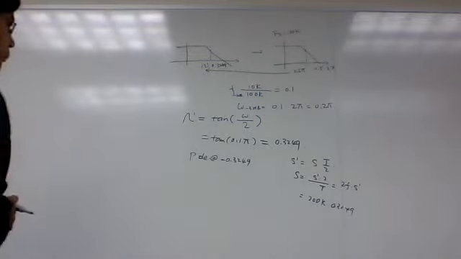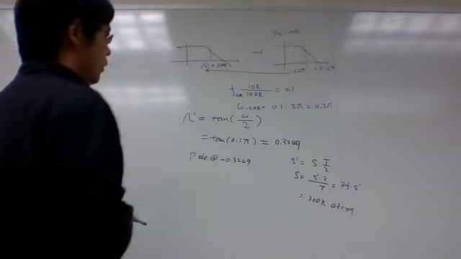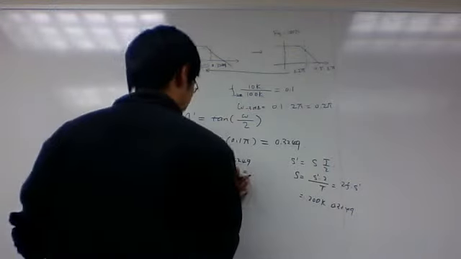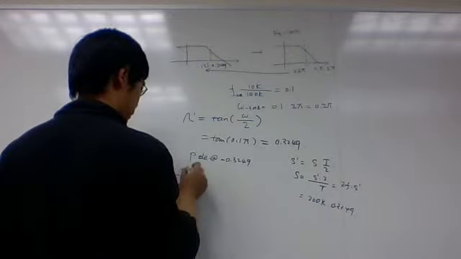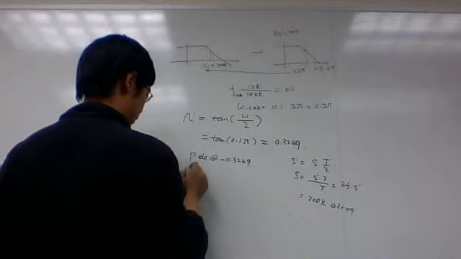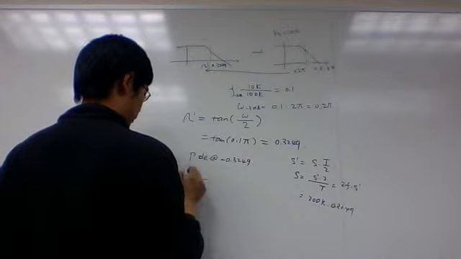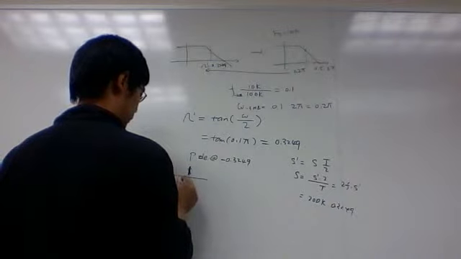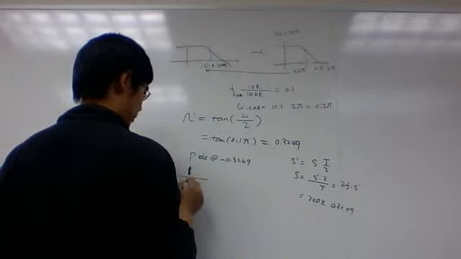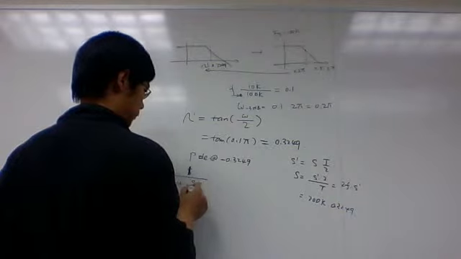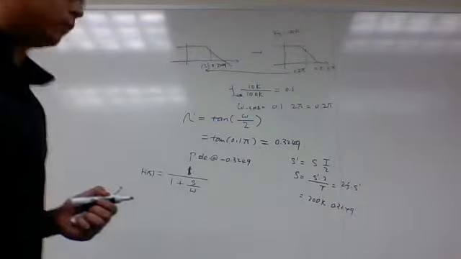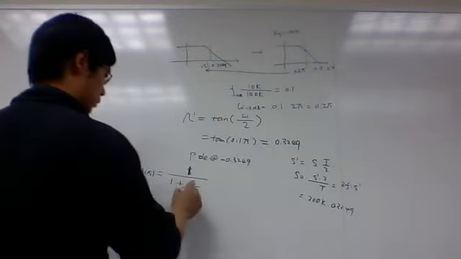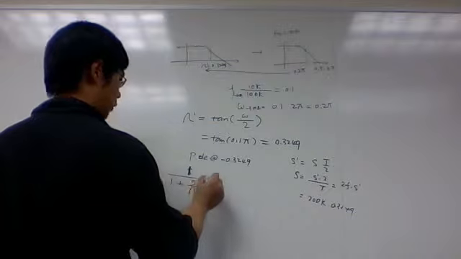So now if the pole is here, then we have a formula, right? The formula H of S will be 1 over 1 plus S divided by omega p, right? And the omega p is this one, right?